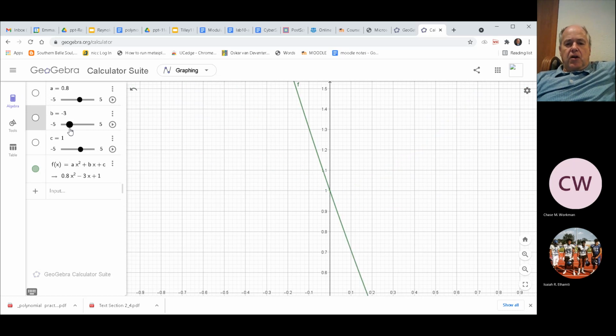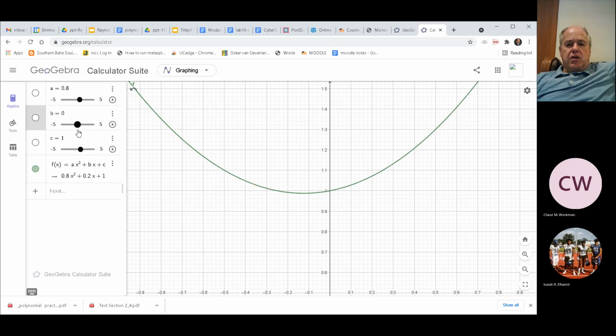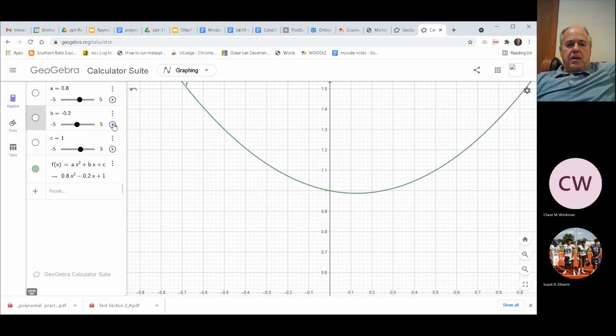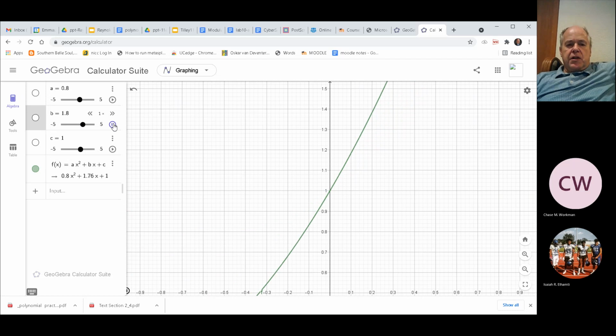But if I look close around where it's crossing the y-axis, b is basically adjusting the slope of the line of this function near where x is equal to 0. And I can play b and watch its effects. Slope of about, looks like a line there.